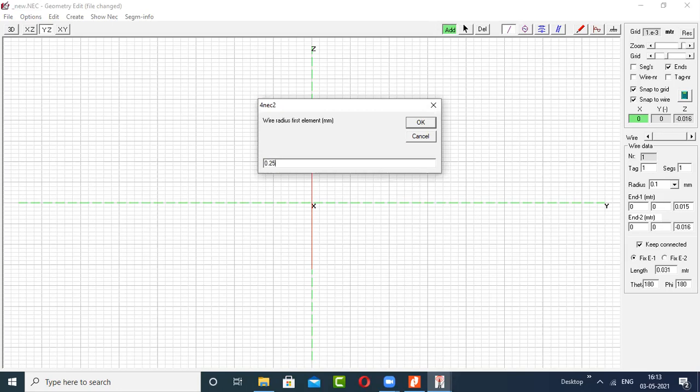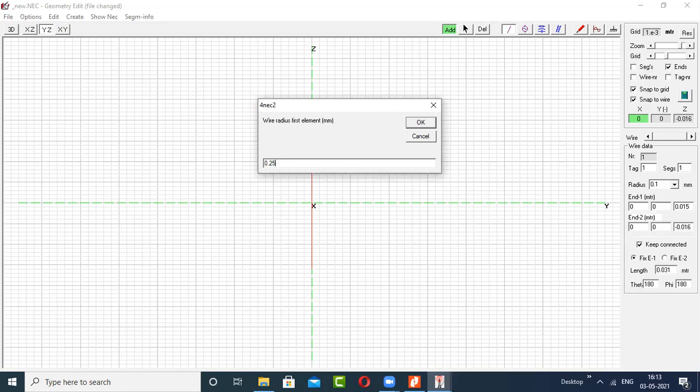So what you have to do is make a table. Radius will be the first column. Then the second column, resonant frequency, the frequency at which the antenna tunes.